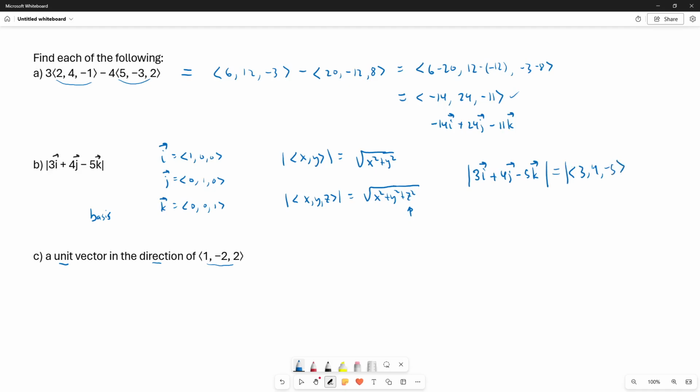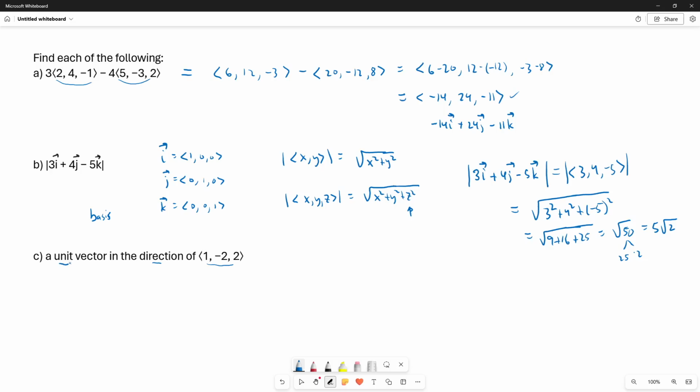And now the magnitude of that is the square root of the sum of the squares of the components. And that's square root of 9 plus 16 plus 25. That makes the square root of 50. 50 is 25 times 2. Square root of 25 is 5 times the square root of 2.